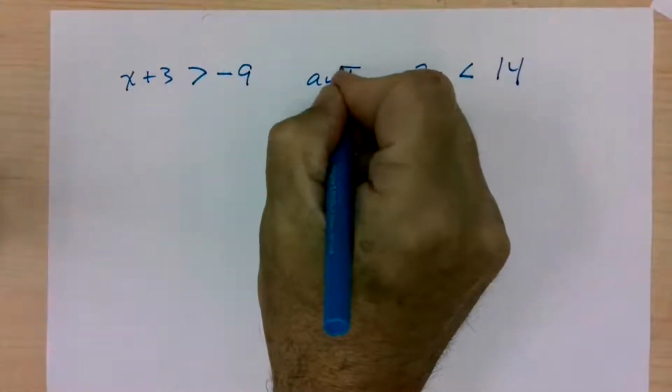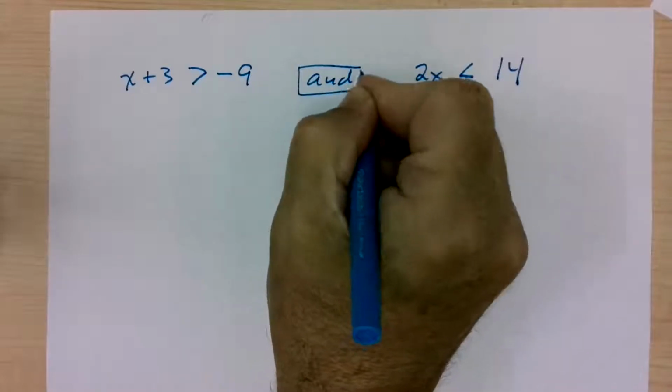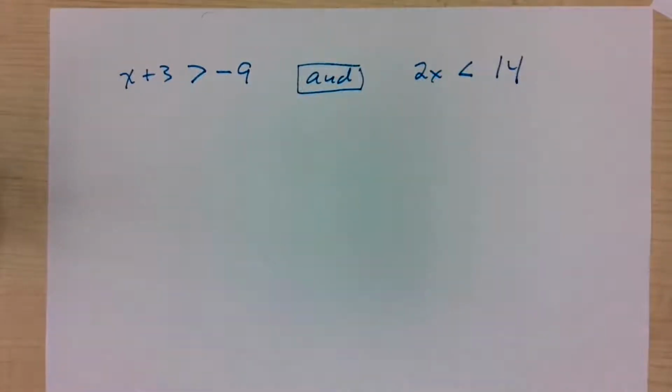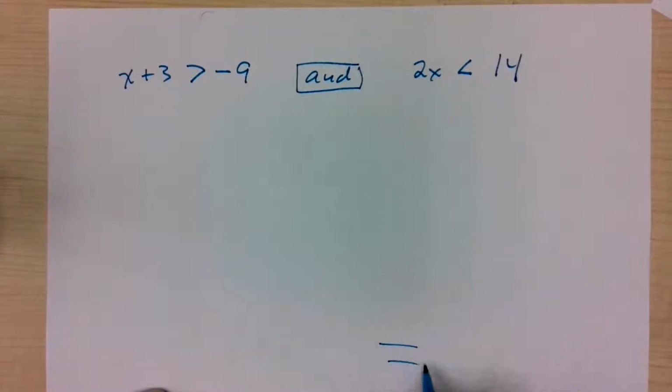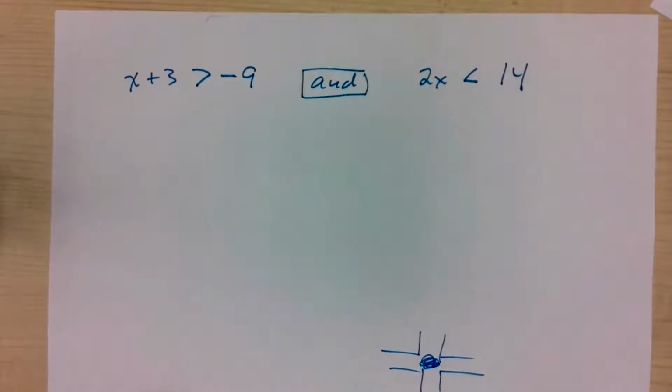This is and. Remember, when you see and, you think intersection. And on a street, if there's an intersection on a street, the intersection here is really on both streets simultaneously. So intersection means I've got to find points that are true for both of these.